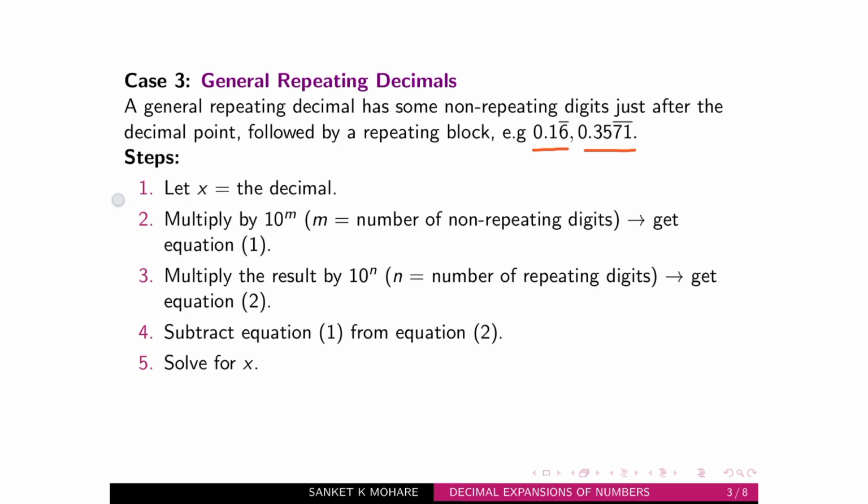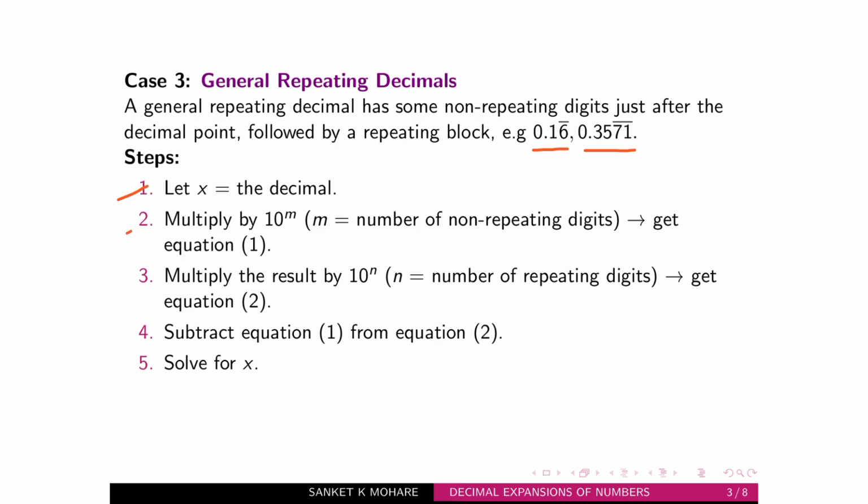Now how to convert general repeating decimals into the form of p by q? We have these 5 steps. Let's discuss. First, we are assuming x as the decimal number. Whatever the given number, we have to assume as x.